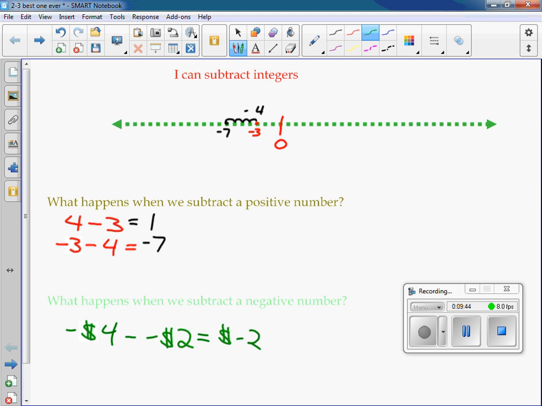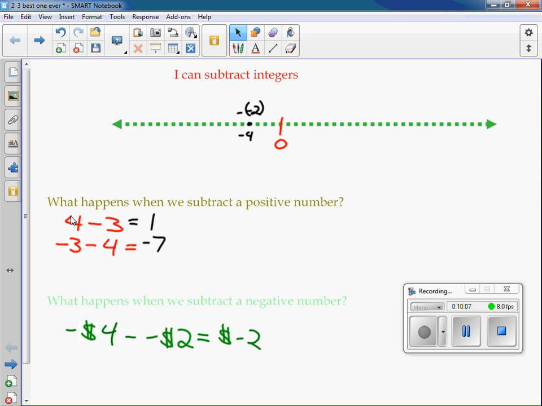Now we have to go over a few examples of these to show it on the number line. So I'm going to do that right now. So if we're at negative 4, 1, 2, 3, 4. We're at a negative 4. And this time we're going to subtract a negative 2.